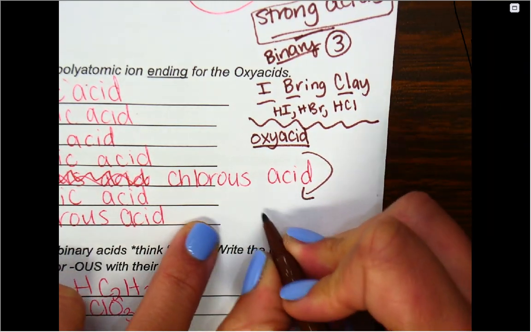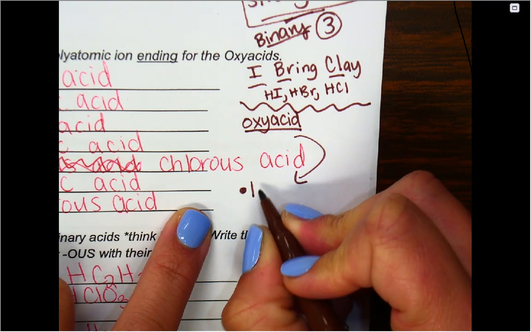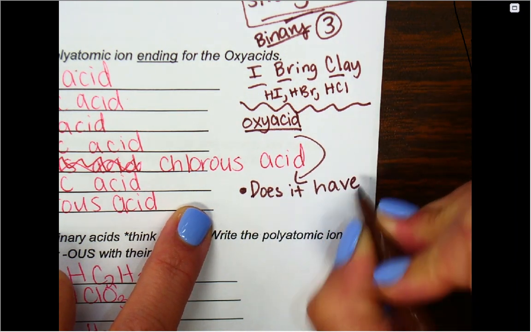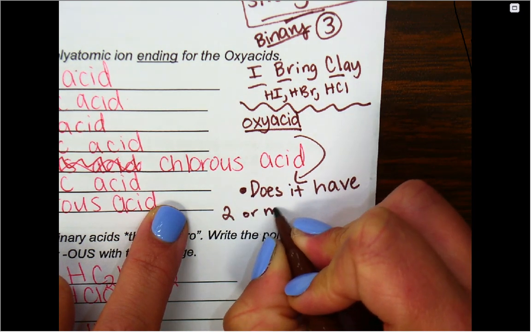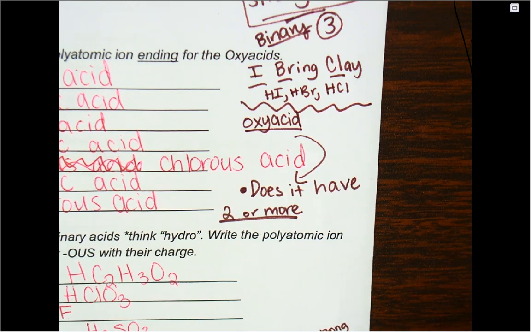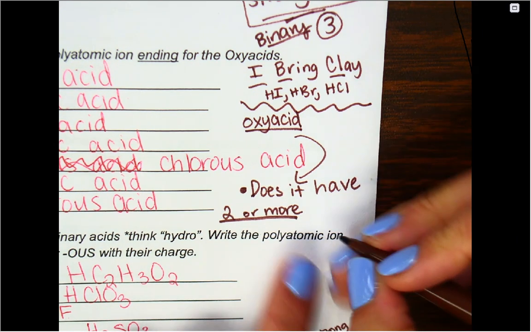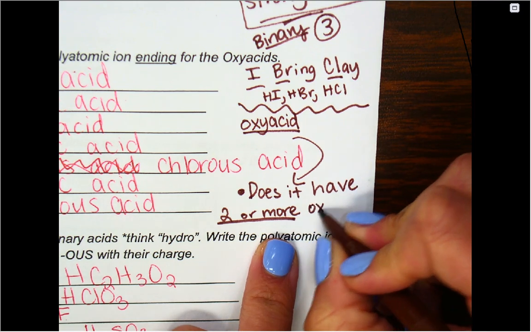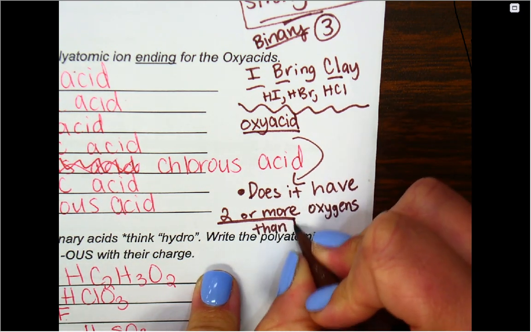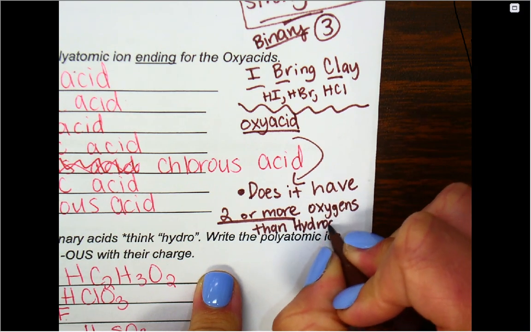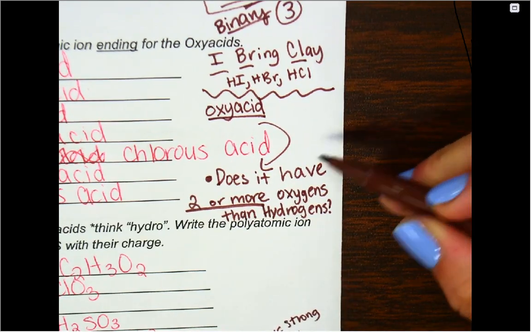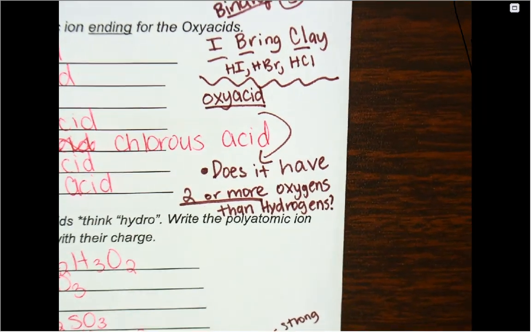For oxy acids, you are going to ask yourselves, does it have two or more, underline that statement right there, two or more, so equal to or greater than, two or more oxygens than hydrogens? You're going to ask yourself that question for every oxy acid.